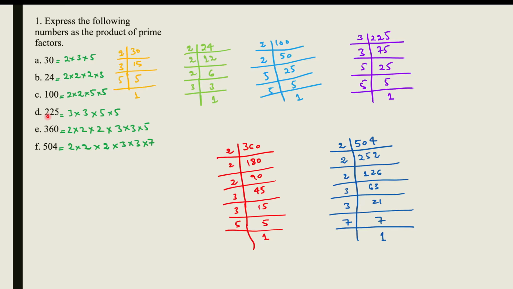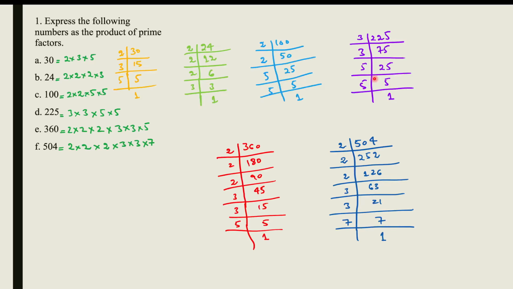Next number is 225. So 225 is an odd number, so it's not divisible by 2. So we try the next prime number, which is 3. If we divide it by 3, 3 multiplied by 75 is equal to 225. Then 75, again 3 multiplied by 25 is equal to 75. 25 is not divisible by 3, so we move to the next prime number, which is 5.